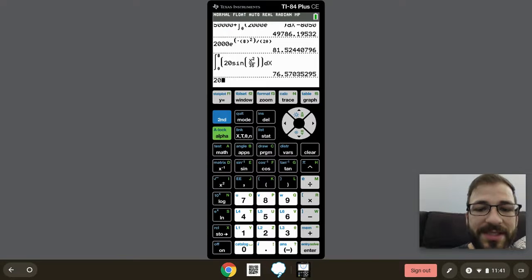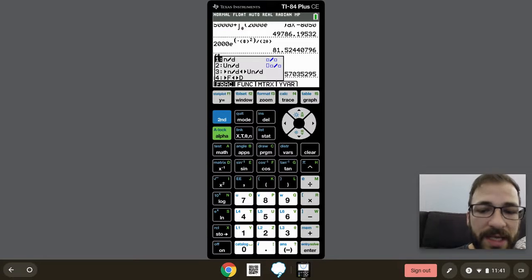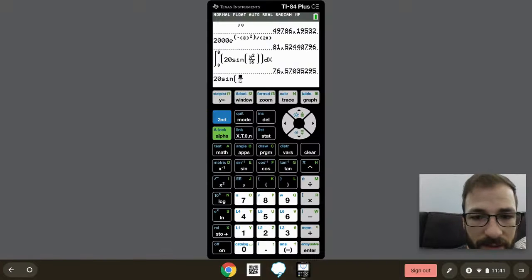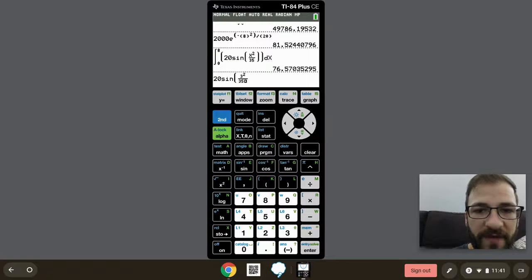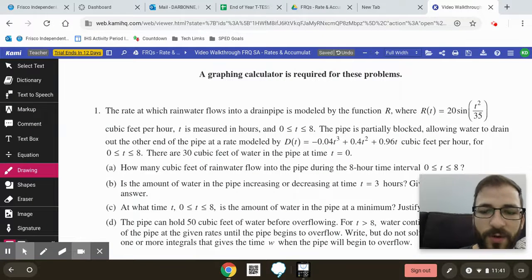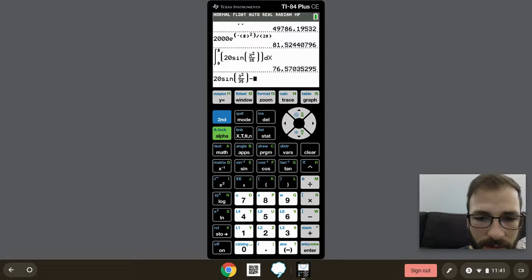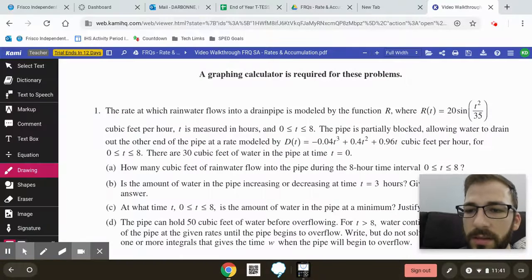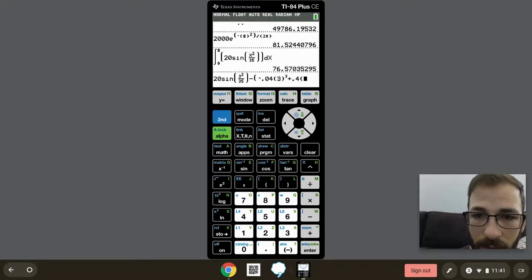So 20 sine of, I believe it's t squared, yep, so 3 squared over 35 minus, and then it's negative 0.04 t cubed plus 0.4 and then 0.96 t squared plus 0.96, where t is 3.